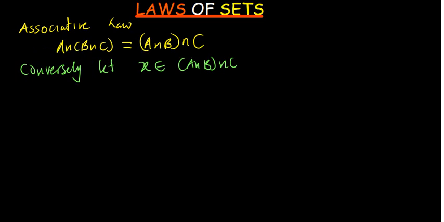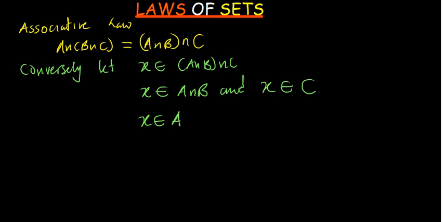And then we are going to say this means that X is a member of A intersection B. I've written this part, and then this intersection which is A, we are going to put and X is a member of C. So intersection means and, then again this will mean that X is a member of A. This intersection which is here, we are going to put and X is a member of B, and then we have got another and X is a member of C.